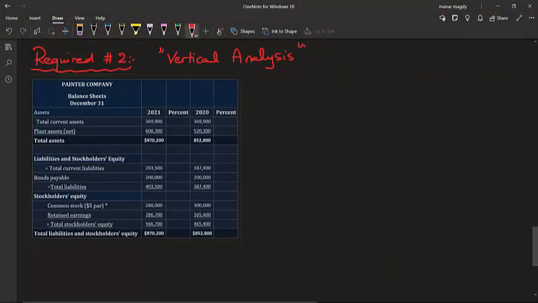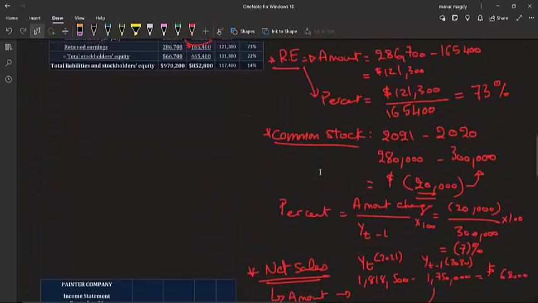So here, for example, we are writing again the balance sheet for the company, and here is our year 2021, and here it is year 2020. You don't have to do it for both years. It depends on the requirement. But in this problem, you were asked to perform the vertical analysis of both year 2021 and year 2020, as we see here.